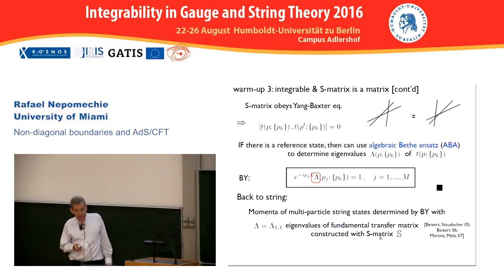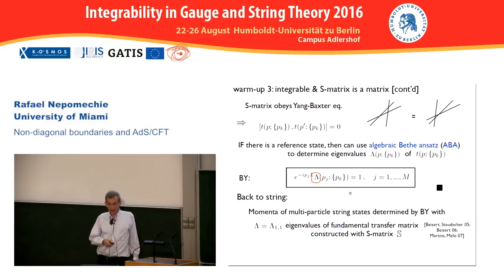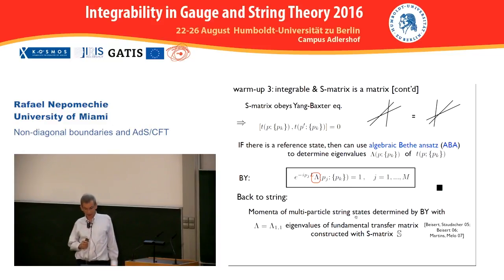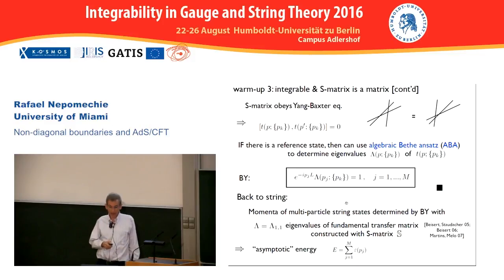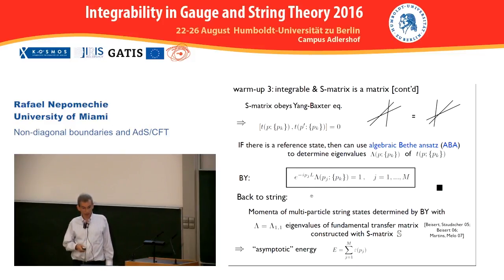And I should say that this equation is then this famous Bethe-Yang, Lüscher equation. And then, in principle, one can now solve these equations for the momenta. And then plugging into this formula, we get the asymptotic energy for this particle state.